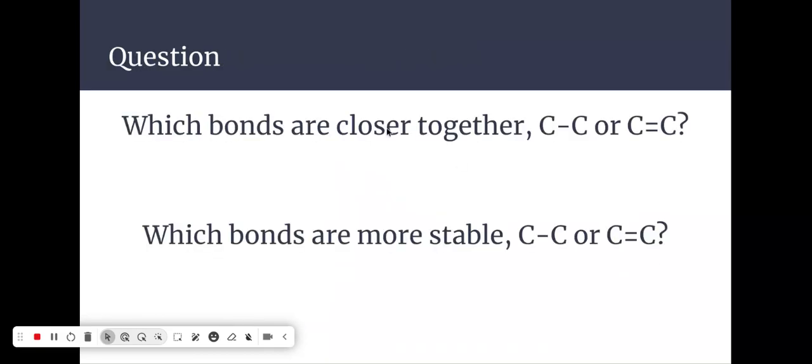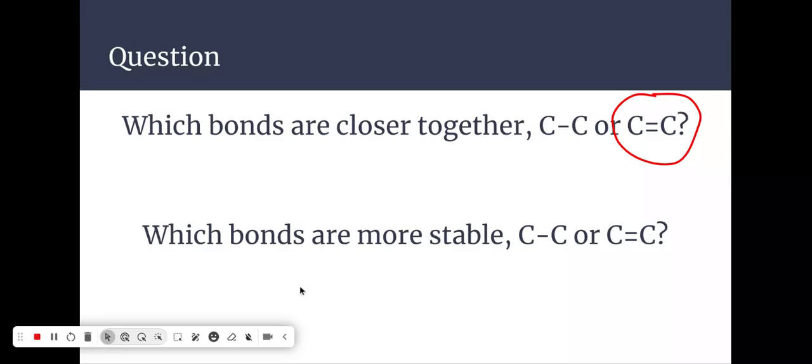Some easy questions to help with this are, which bonds are closer together? Two carbons connected by a single bond or carbons connected by a double bond? The answer is carbons connected by a double bond. This is because this bond is stronger than the single bond, so it will pull the carbons closer together.